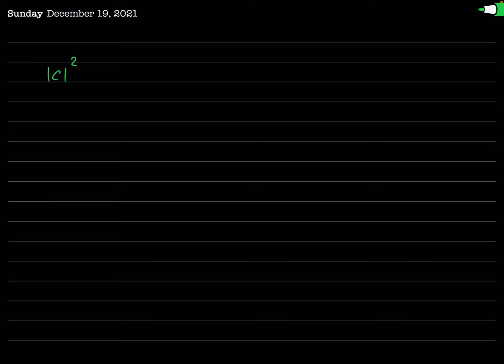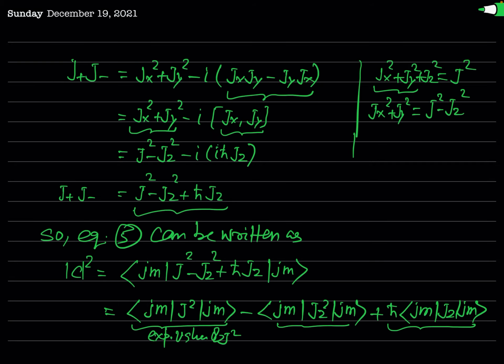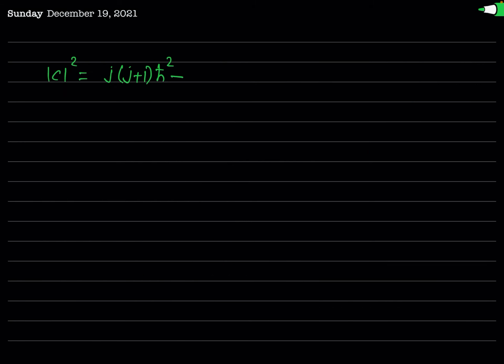So mod of c square, this will be what? In the first term, since it is the eigenvalue of j square, that is j times j plus 1 into h bar square. And the second term is the eigenvalue of jz square, and you know the eigenvalue of jz is m h bar, so the eigenvalue of jz square will be m square h bar square.